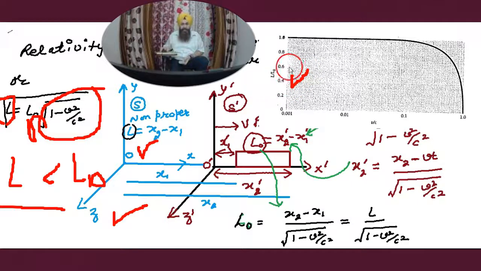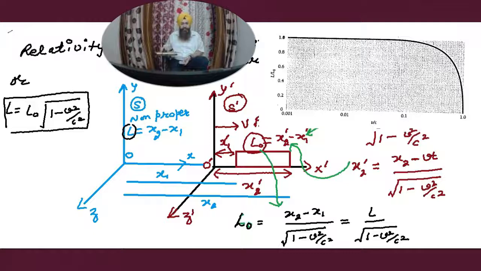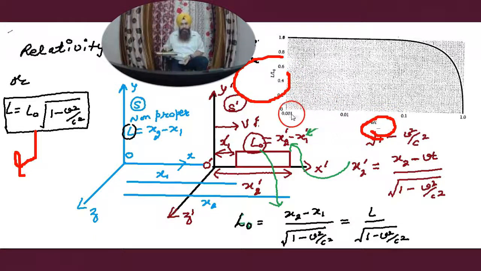L0 is taken to this side, so this becomes L upon L0, and here it is V upon C. This is a nonlinear scale actually. But notice that L upon L0 shows no change.